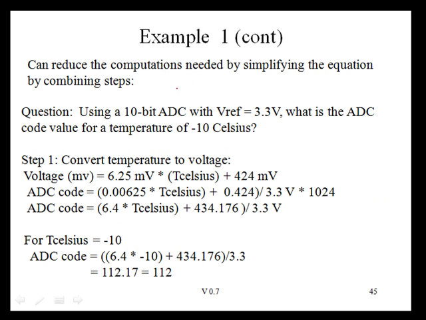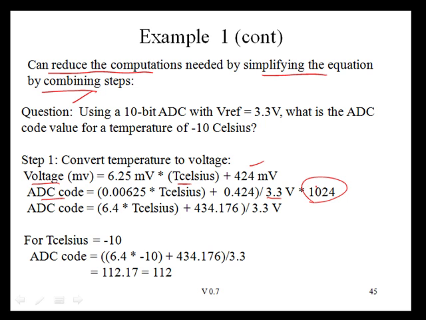Many times, CPU time is a precious commodity on a microcontroller. We can reduce the number of computations from the previous slide by simplifying the equation by combining steps. So given our same question, here's how we're going to approach it. We're going to write our voltage equation, which is equal to 6.25 millivolts times T Celsius plus 424 millivolts, and then go ahead and directly write this as an ADC code by dividing that by 3.3 volts times 1024.